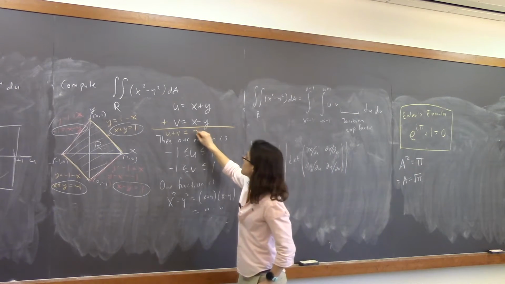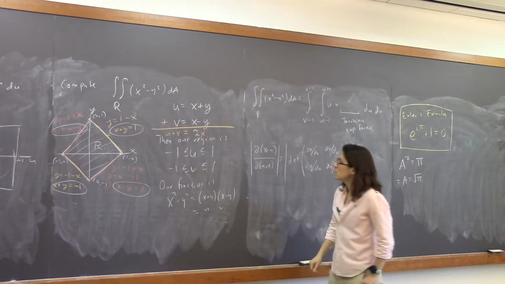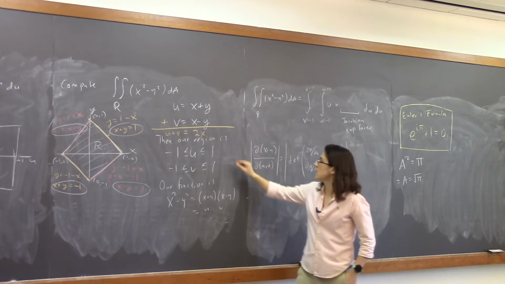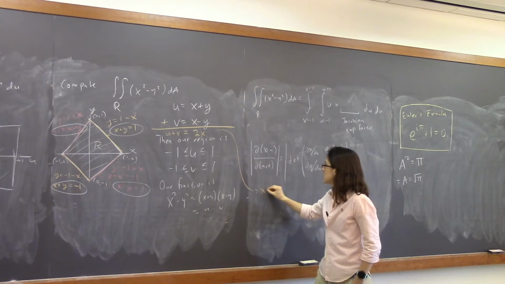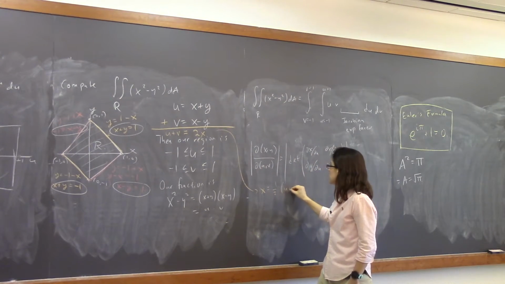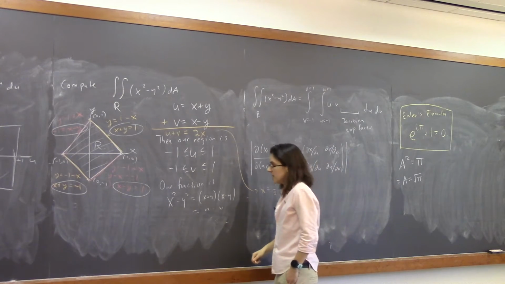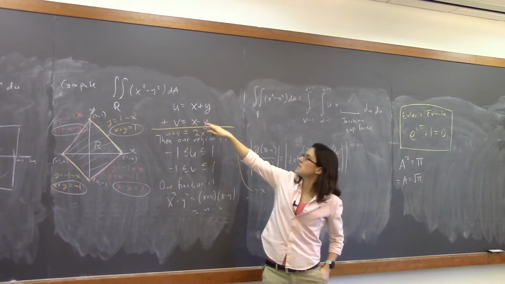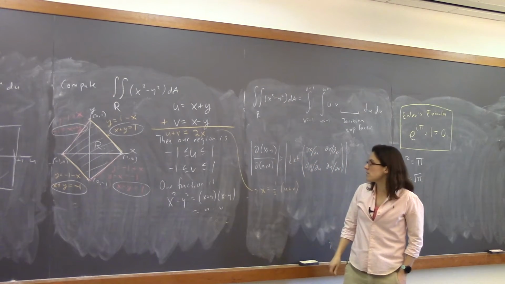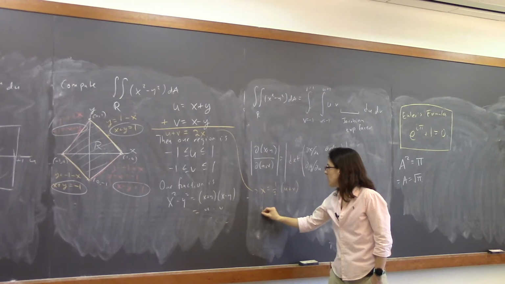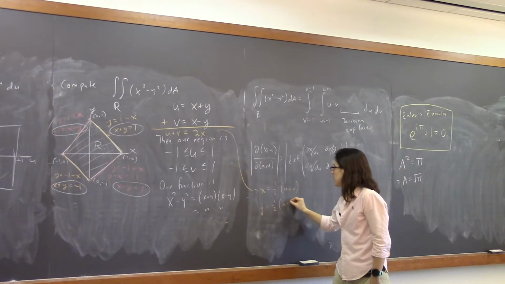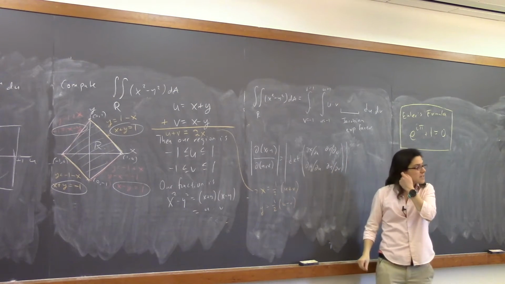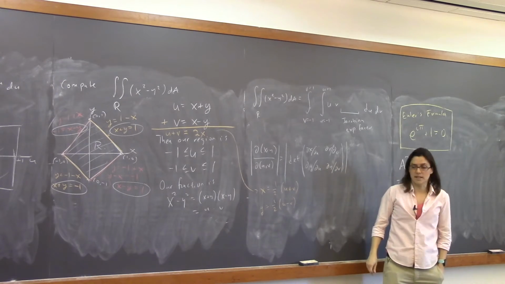So you get 2x, so x equals 1/2 times (u plus v). And then if you subtract the two equations, we would get 0 equals plus 2y, so y equals 1/2 times (u minus v). So from these equations, you can solve for x and y.